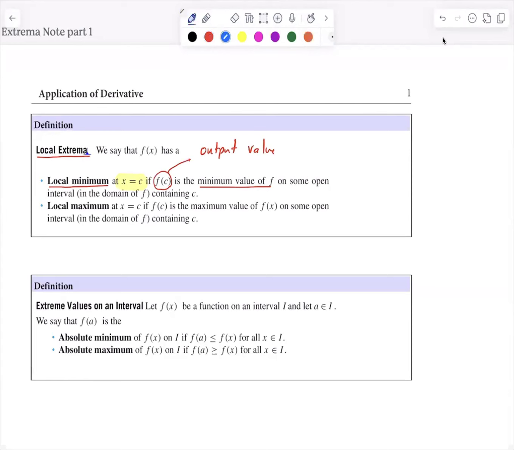At the same time, we can define local maximum, or basically in a month, what is the maximum profit, for example. At x equals c, the function takes its local maximum if f of c, the output value of the function, is the maximum value of f.